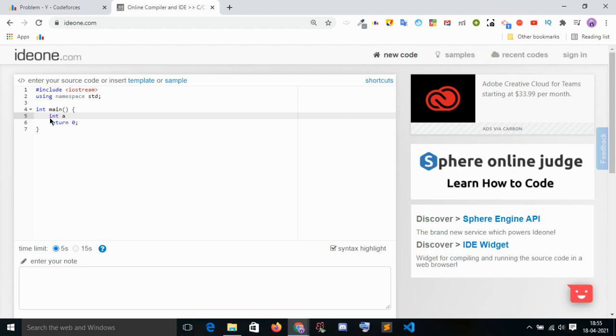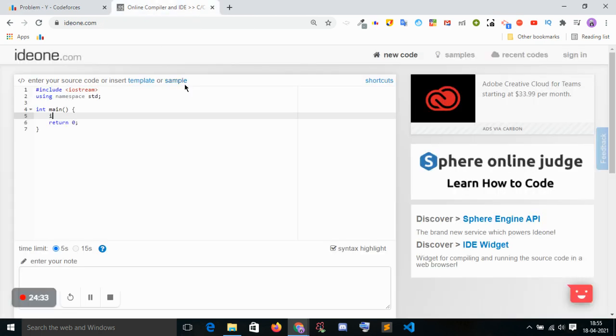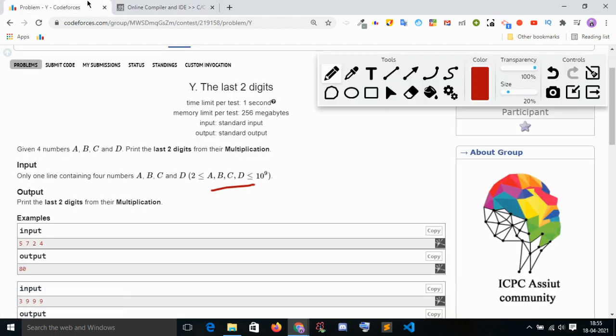So a is the bigger number, so I will store them as integers a, b, c, d. A can be very big, and I only need the last two digits.